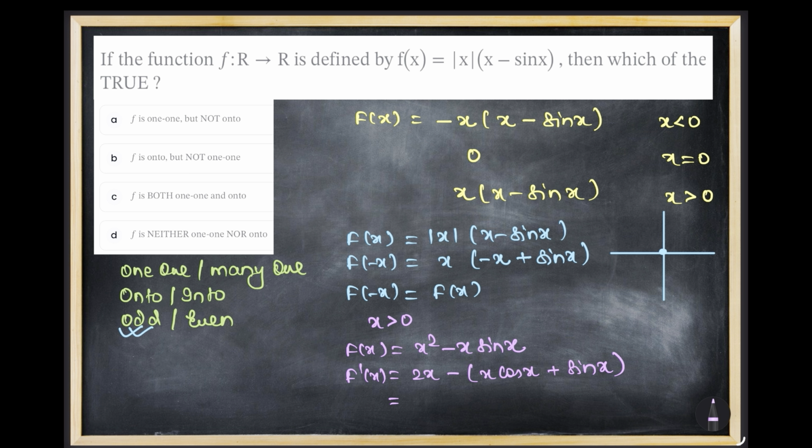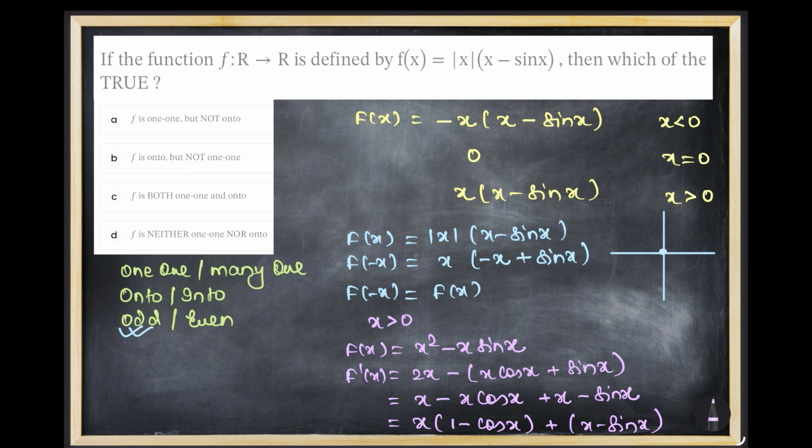Now look at how I will rearrange. It is 2x, so I will distribute this 2x into two parts, x plus x. So I can write x, first x I will give to x cos x, second x I will give to sine. Correct? So if I take x common, you will be left with x times 1 minus cos x plus x minus sin x. This is the function.